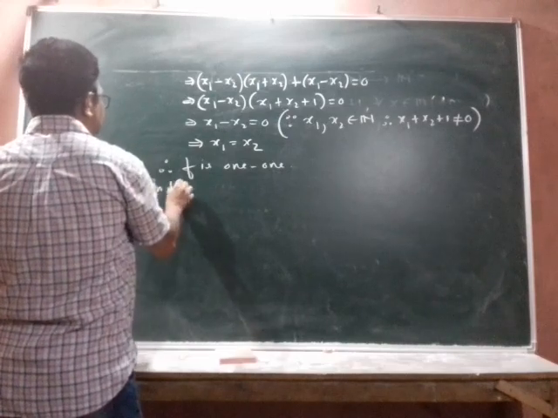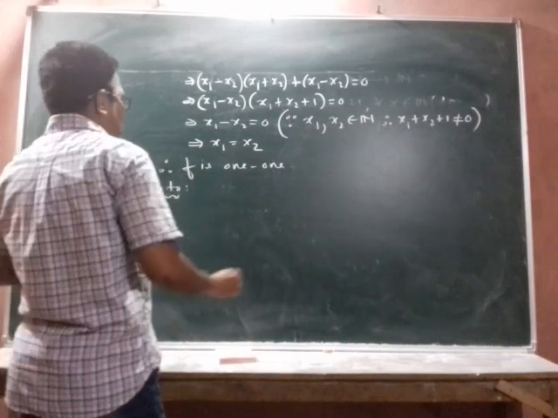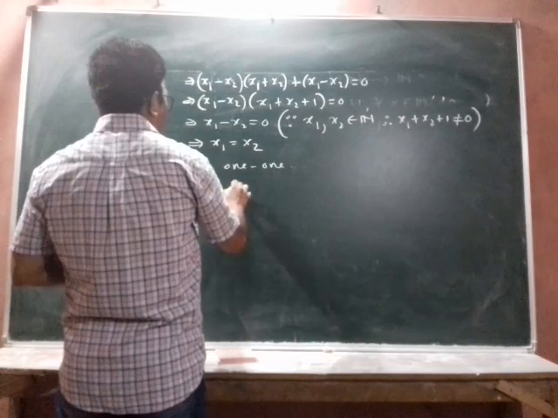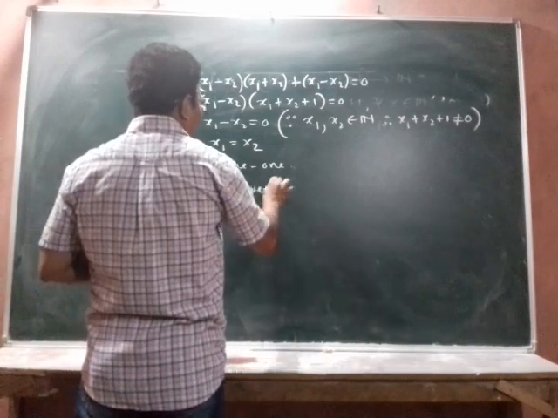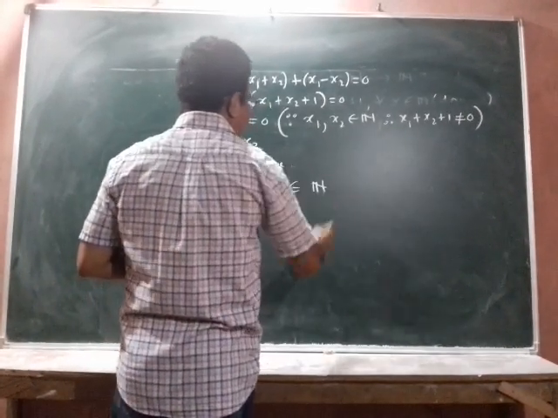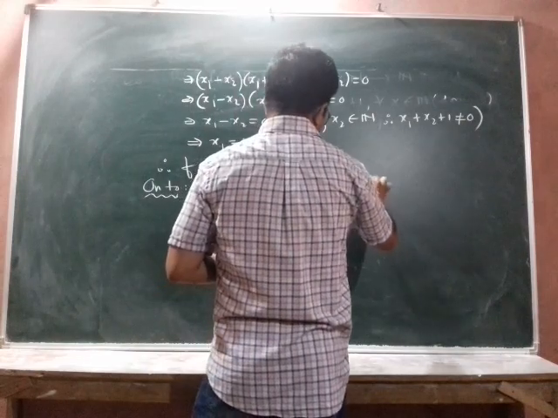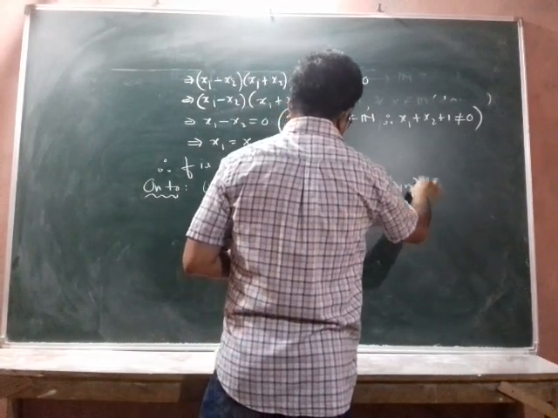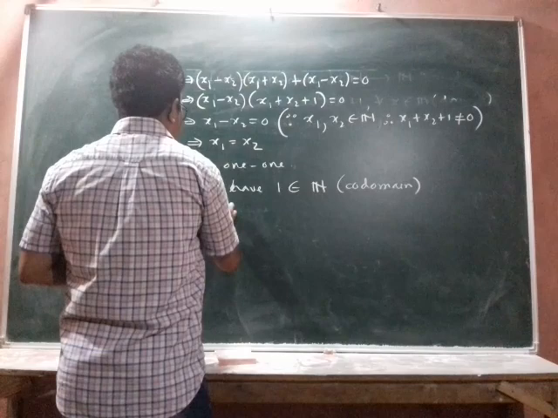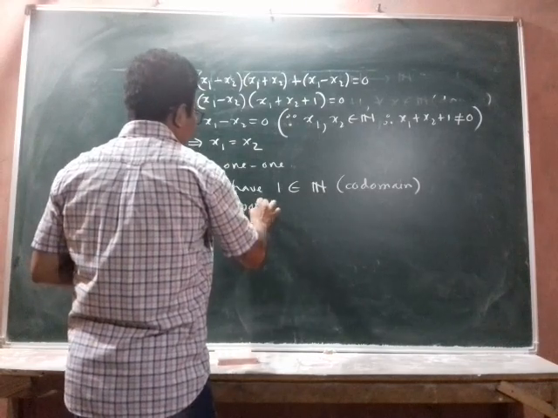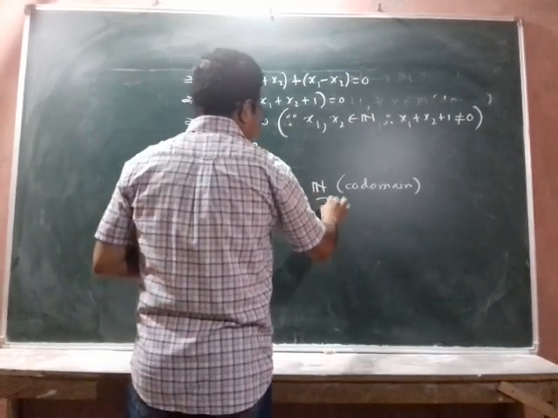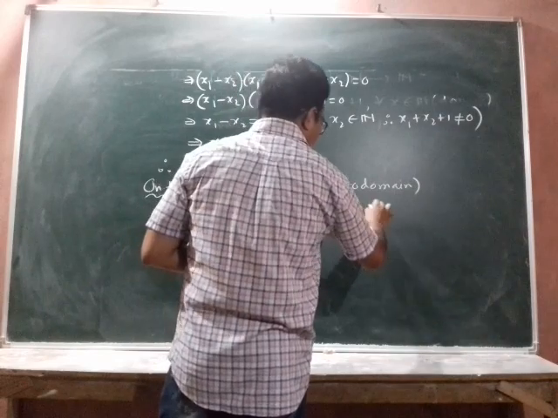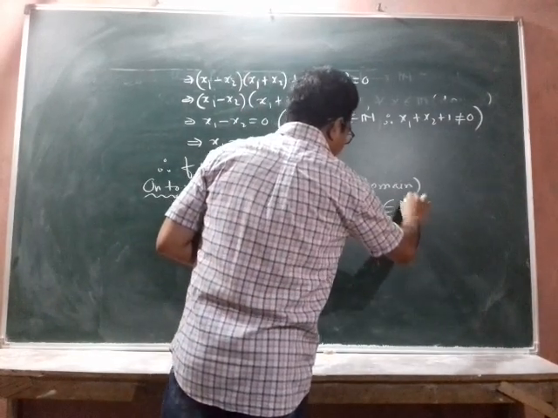Next, for the onto part, we have 1 belongs to N. This is the codomain. Since 1 is a natural number, this belongs to the codomain. We suppose that there exists an x belongs to N, this is the domain.